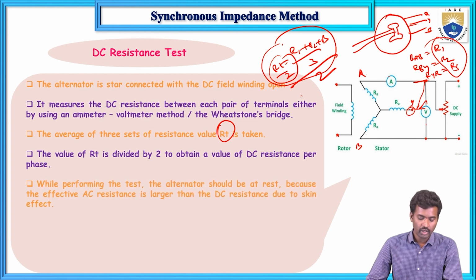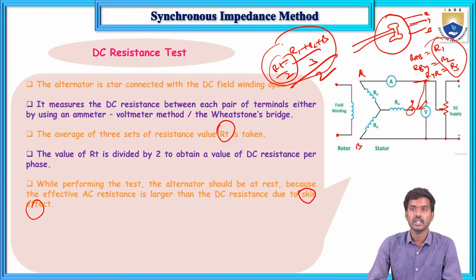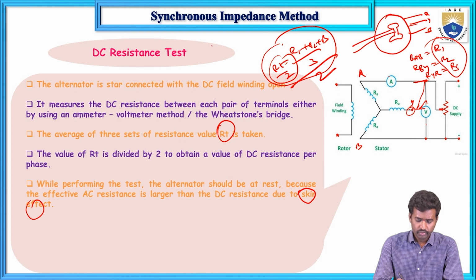Next, while performing this test, the alternator should be at rest, because the effective AC resistance is larger than the DC resistance due to skin effect. Because of this skin effect, the AC resistance is greater than the DC resistance, or the DC resistance is less than the effective AC resistance.